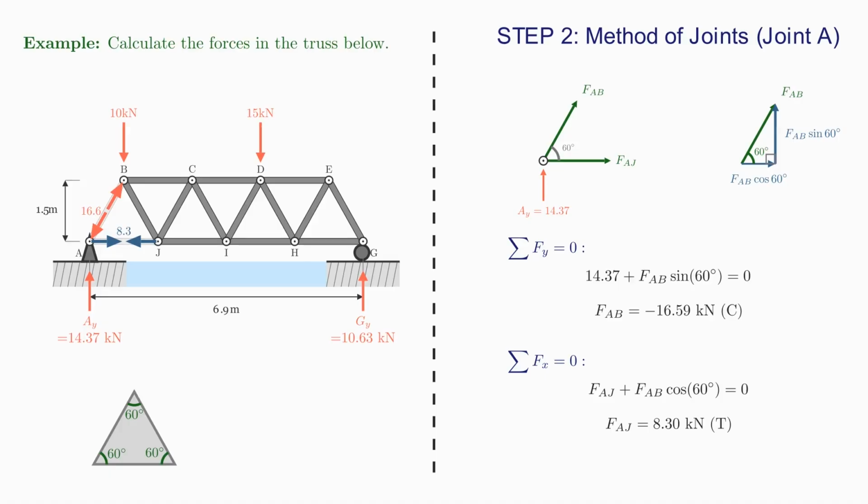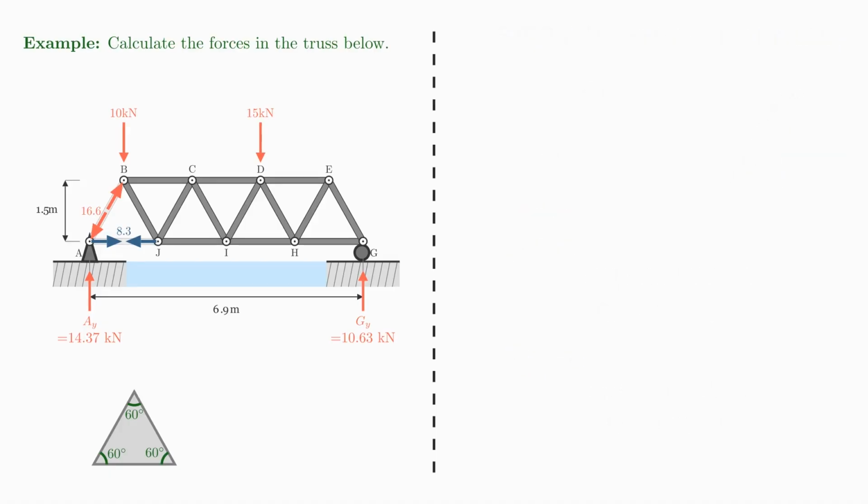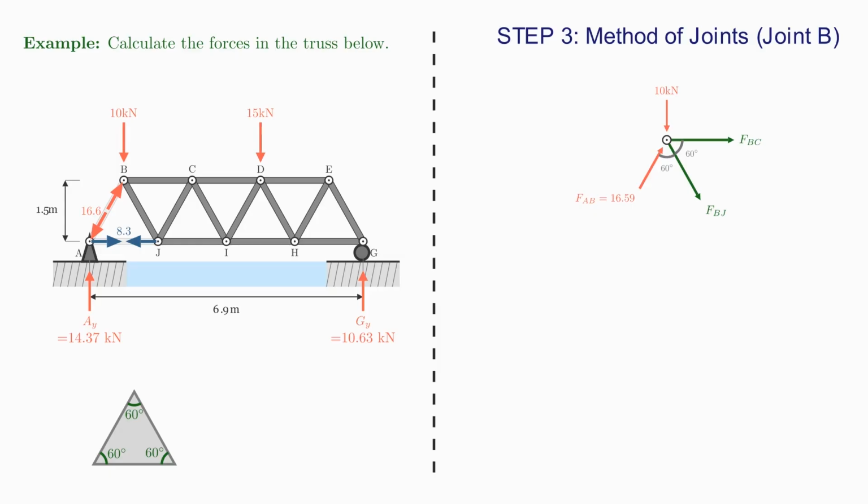Now we can repeat this process, moving on to the next joint. Moving on to joint B, I draw my free body diagram. Now taking the sum of the forces in the y direction and adding these up to 0. In the y direction, positively, I have FAB sine 60, so this is 16.59 sine 60.